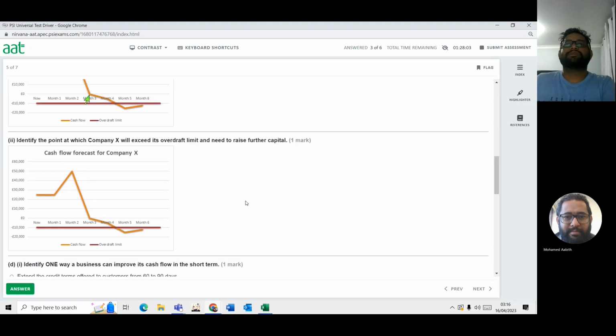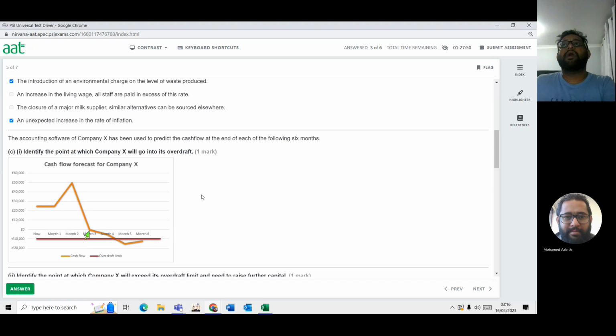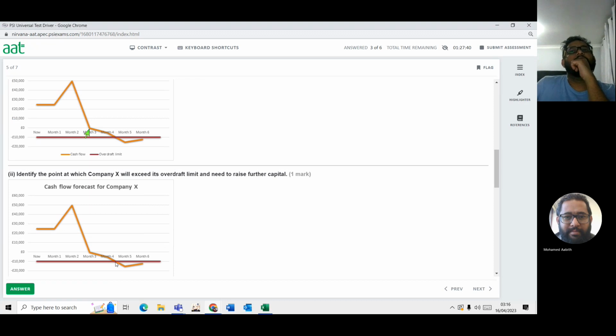But then if you look at the next question here, identify the point at which company X will exceed its overdraft limit and need to raise further capital. So here, the red line is your overdraft limit. So when your overdraft limit is going to be breached, if you notice the line here, this line is where the overdraft limit is being breached.